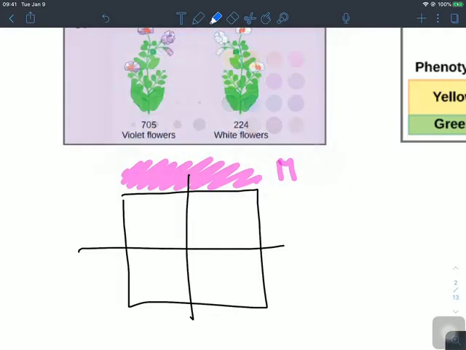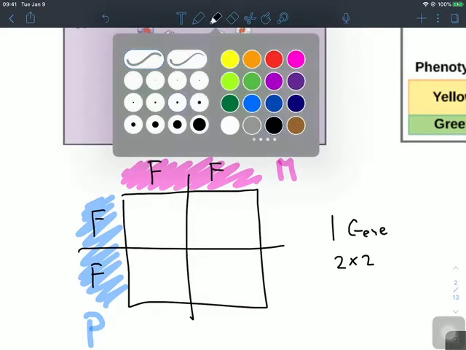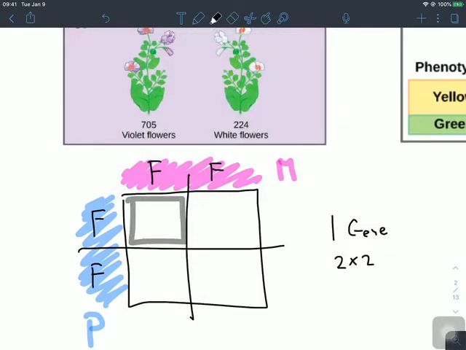The other axis is the side for your paternal alleles. When you are dealing with one gene, you are going to get a box that is 2 by 2. Because mom can donate one of the flower color alleles, and dad can donate one of the flower color alleles. So that way the contents of every single box in this Punnett square is a diploid individual.